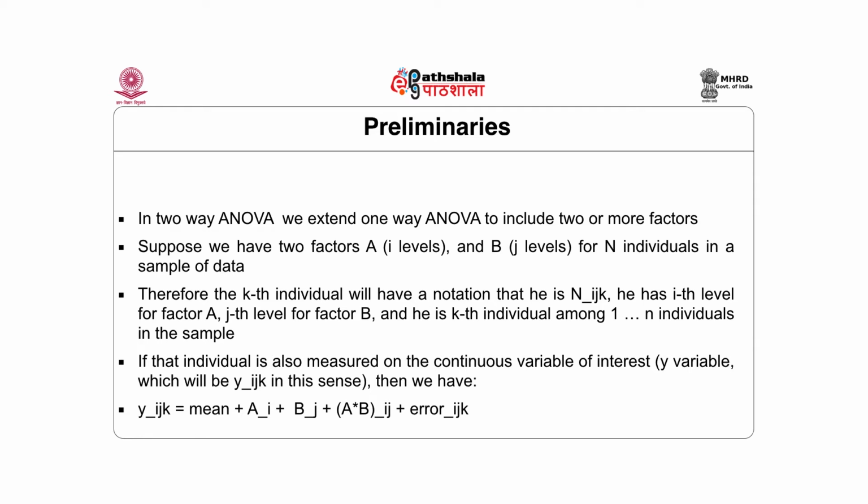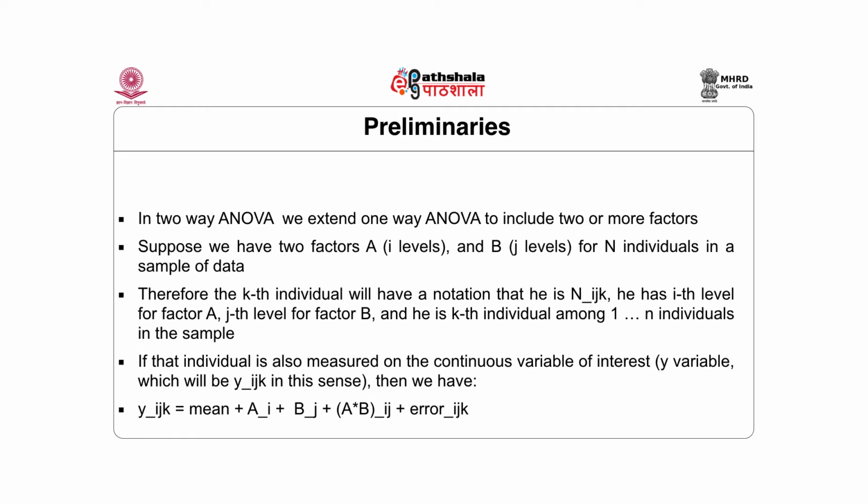So if you're talking about the ith level for factor A and the jth level of factor B, then the person who occurs in the kth order of the n will have a position in the two-dimensional matrix of data like n underscore IJK.